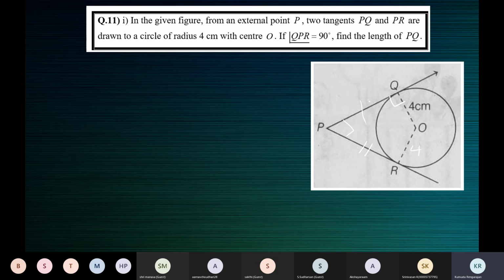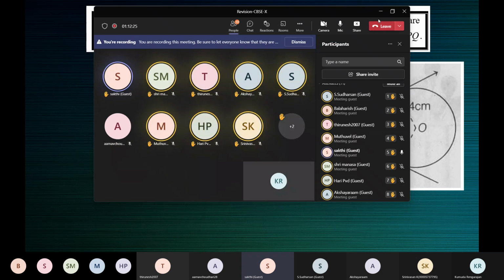These two are equal, correct? But why should it be 4? How will this 4 come here? Yes, we can split it into 2 triangles. We can prove by congruency.